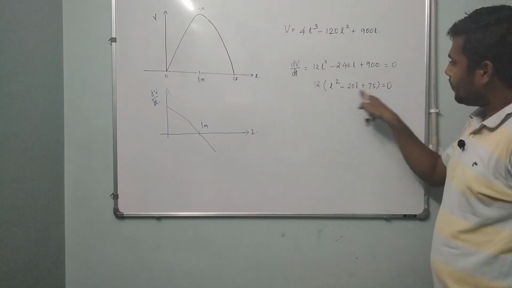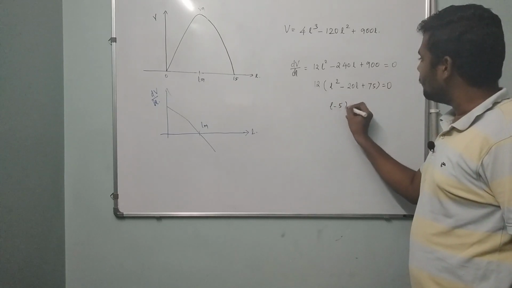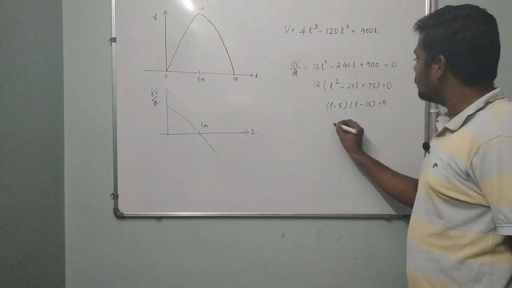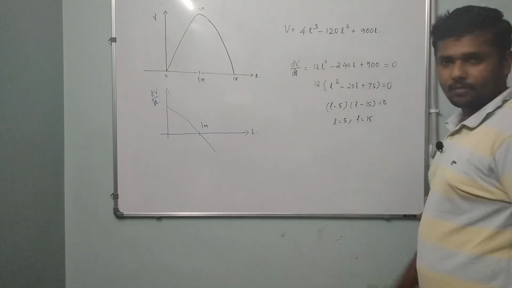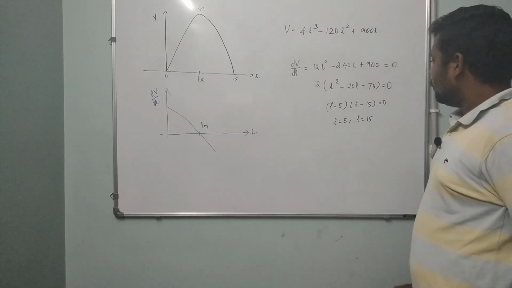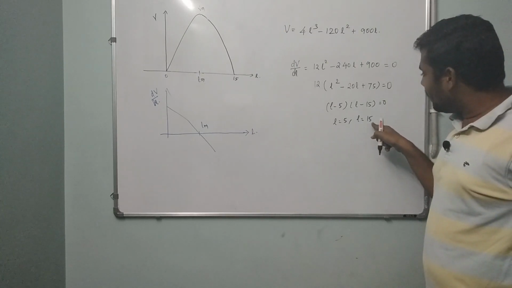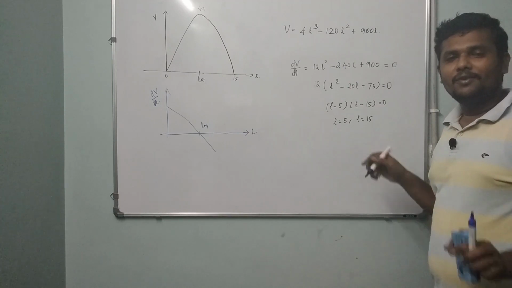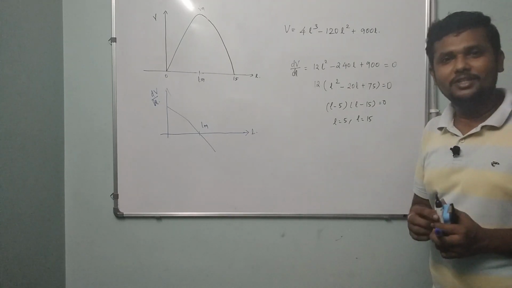Now if I find the factors for this, it is (L minus 5)(L minus 15) equal to 0. So L is equal to 5 and L is equal to 15. So we are getting two values for L. If you cut the box with a length of 15 centimeter, we know that we will not get a box, we will get four cardboard sheets only.